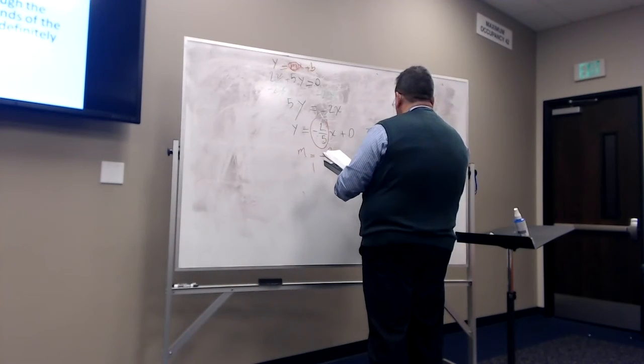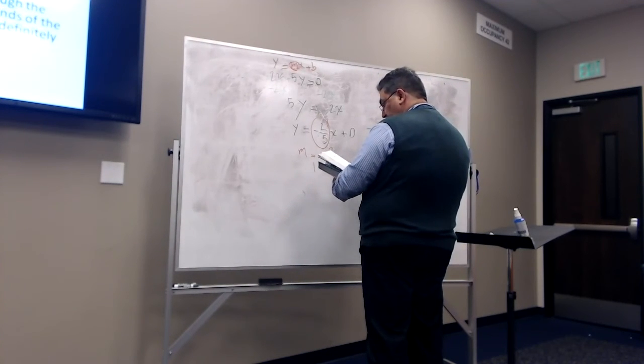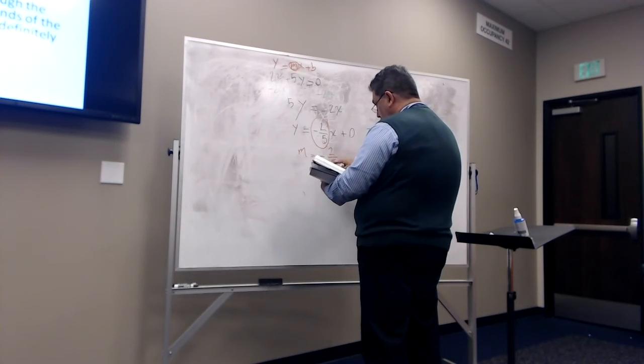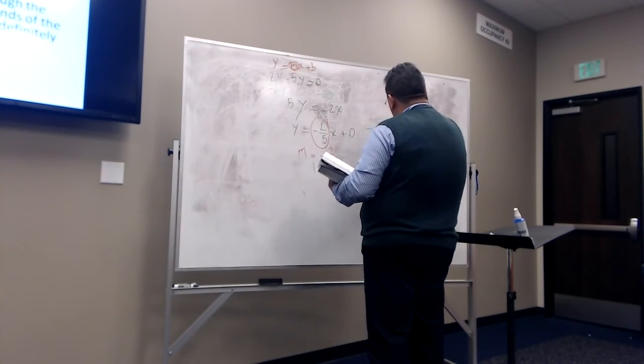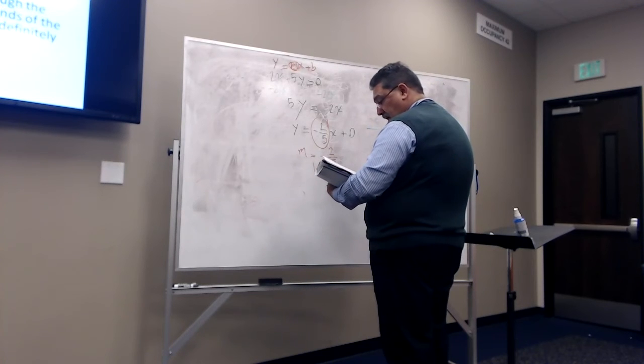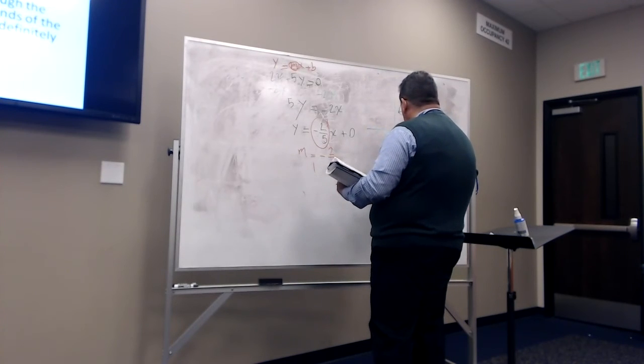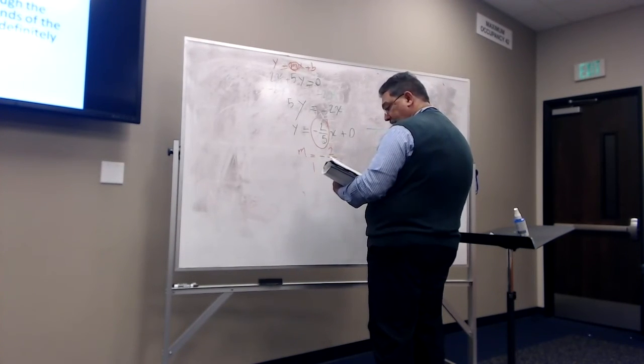So if you draw the Cartesian plane, first of all, I have the slope is minus 2 over 5. Minus 2 means the change in y over the change in x, rise over run, but it's negative, so I go 2 points down.